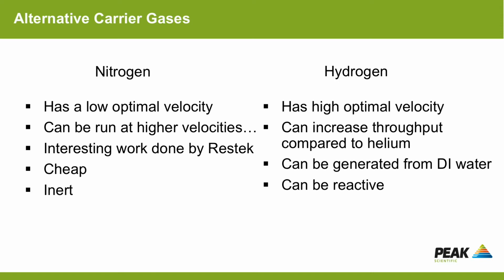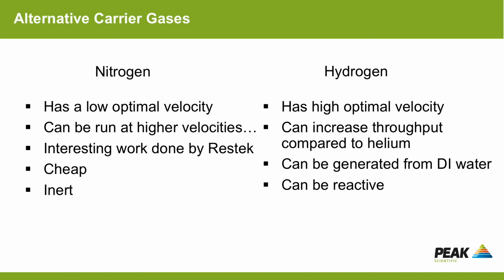On the plus side, nitrogen can be cheaply produced, so it can, for example, be generated, and it is inert, which again is an advantage and makes it quite similar to helium. When we look at hydrogen as an alternative to helium, hydrogen has a high optimal velocity, meaning that you can run the gas more quickly than helium without sacrificing separation of your sample.